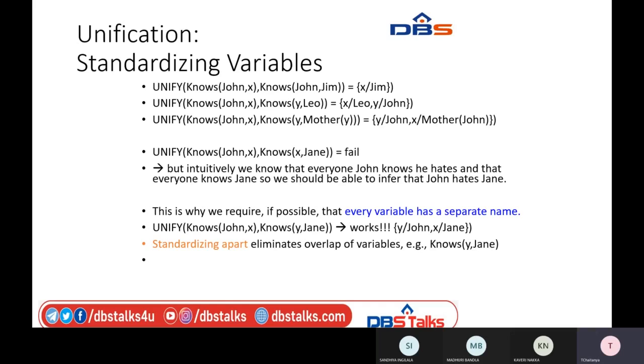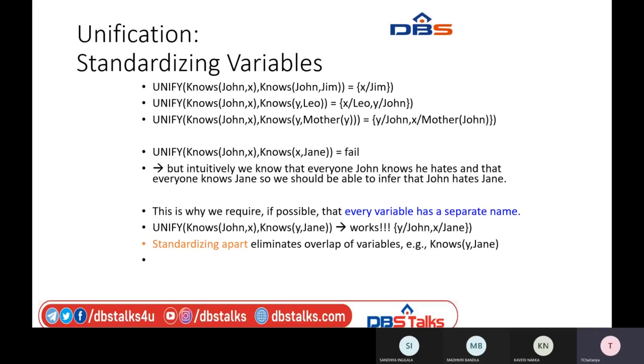And the third one is knows(John, X) with knows(Y, mother of Y). This unification can be true by substituting the variable Y by John, and X by mother of John.